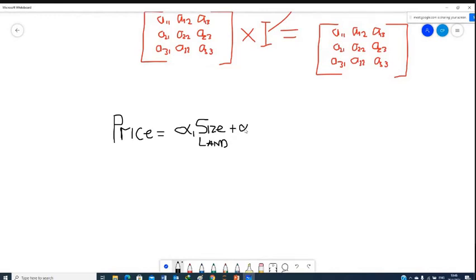And then the other one could be the number of rooms, yes? And then the other one could be the location, right?